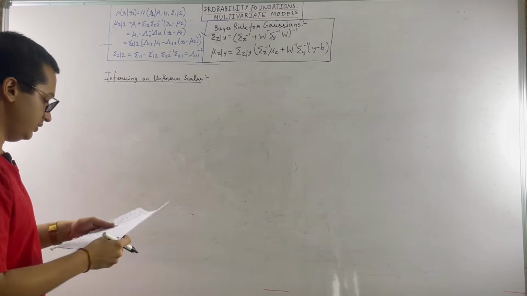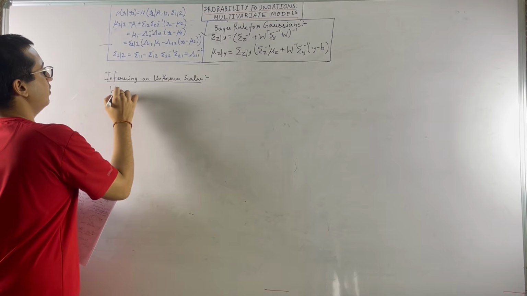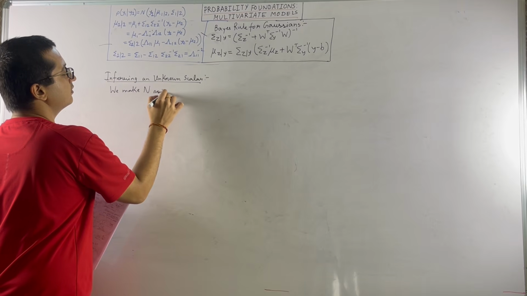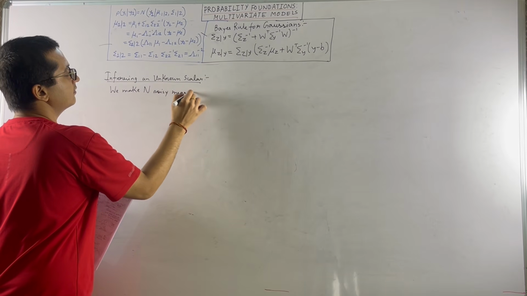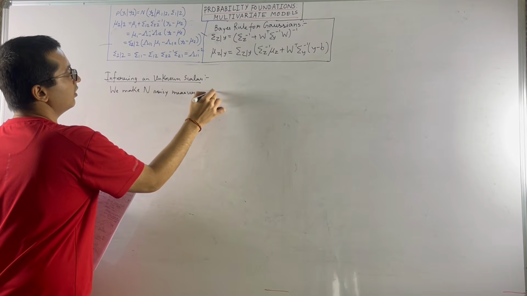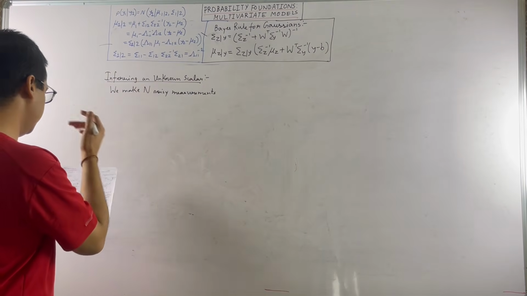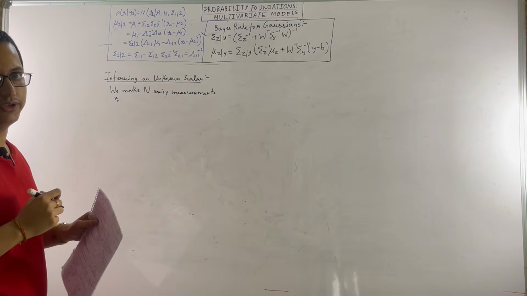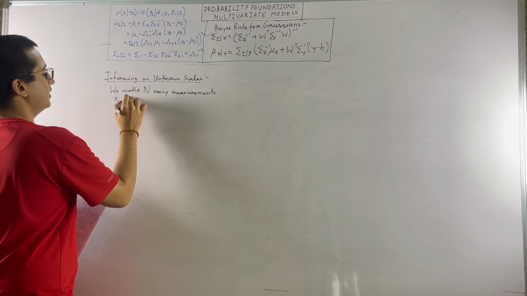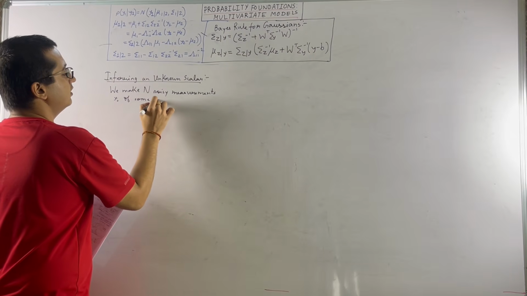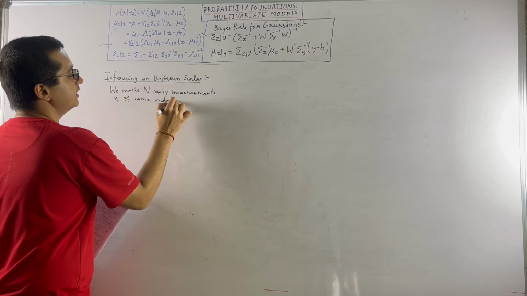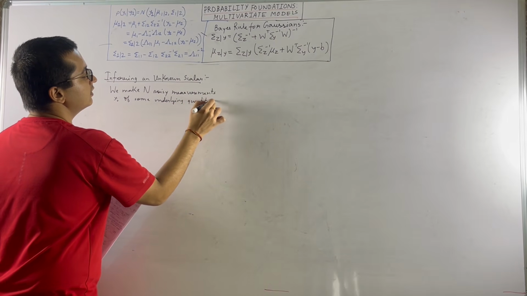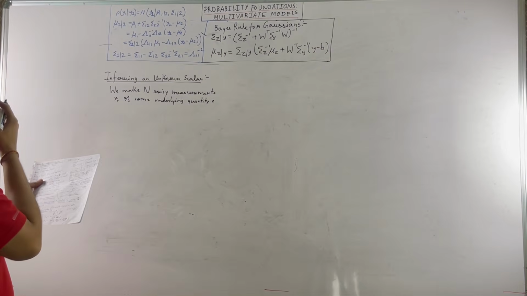So suppose that we make n noisy measurements, all right. We are making some noisy measurements, and of course they are y's. Y is the noisy observation of some underlying quantity that we are interested in, z, let's say.